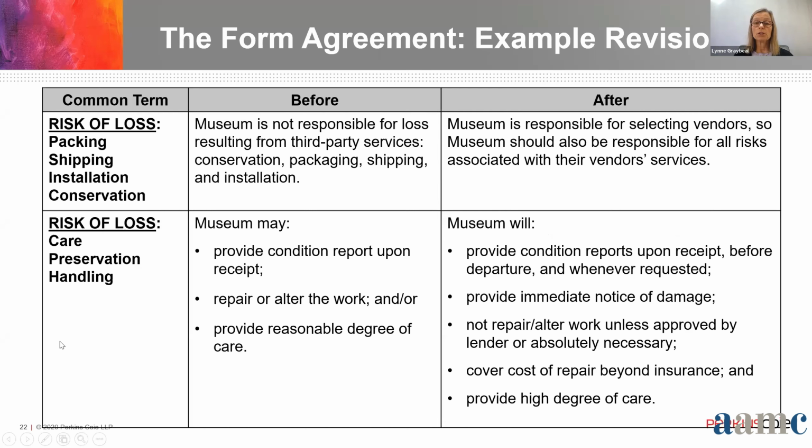Immediate notice of damage, that no repair take place without the approval of the lender, unless, of course, it just is absolutely necessary to preserve the work. And the expectation that the museum will provide a high degree of care.